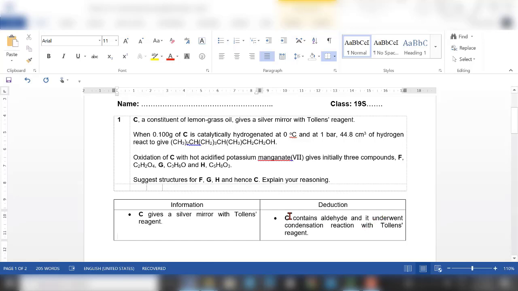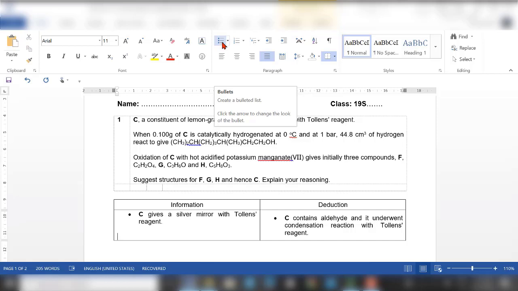The reason is because you don't know the relative molecular mass of C. But what you can possibly say is that C undergoes some form of reduction, etc., which I don't think we want to write down at this stage.